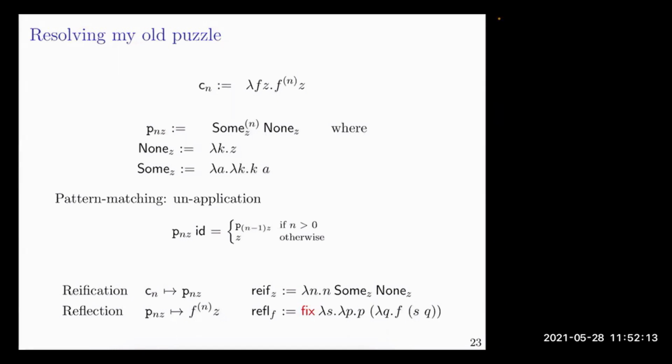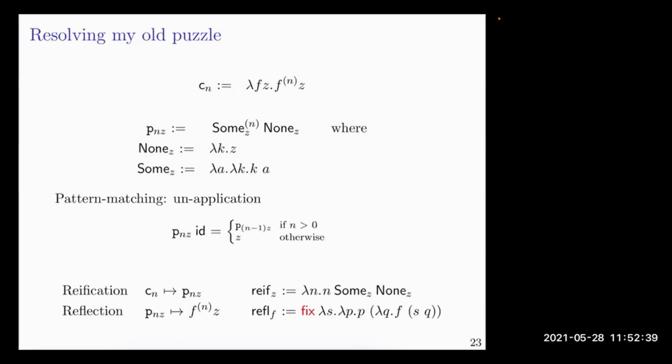I would show the result here on the slide, but the predecessor would be a composition of the reification, reflection, and this application of the identity that gives the predecessor. That would be the result. And in the reflection, instead of fix, I would just use the number n itself.